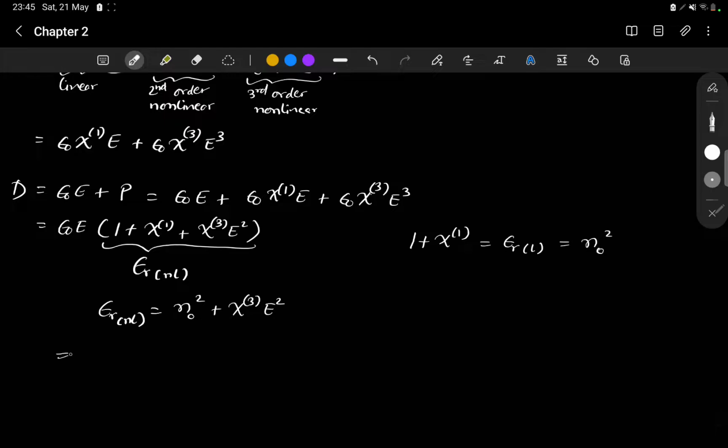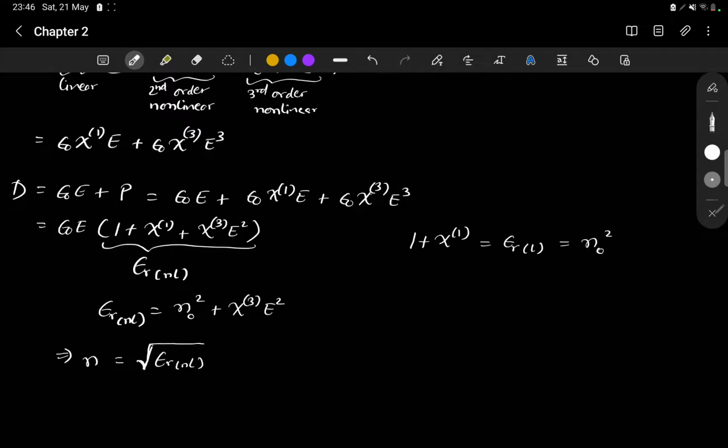now we can find out the refractive index for the case of nonlinear crystals. In the nonlinear case, refractive index is the square root of the relative permittivity. We take the relative magnetic permeability to be equal to 1 for non-magnetic materials. So refractive index is simply the square root of the relative permittivity.